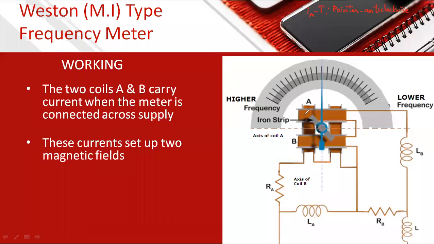This is coil B, the horizontal coil. Now the magnetic field will be as shown in the figure. We know the flux will get reversed all the time as it enters the alternate half cycle.